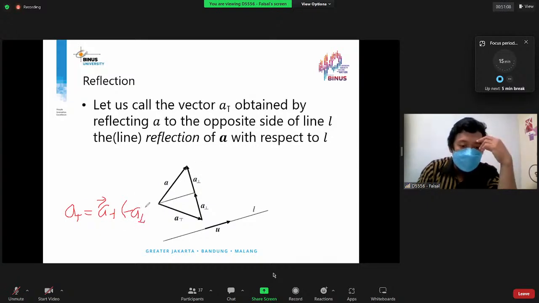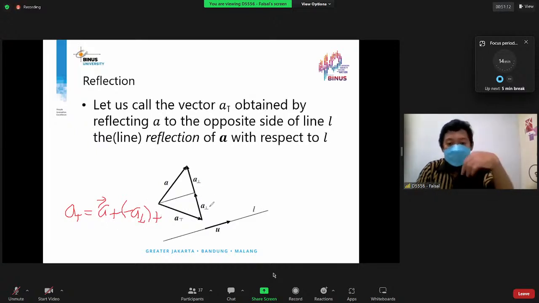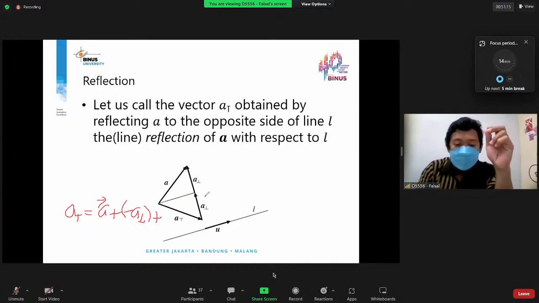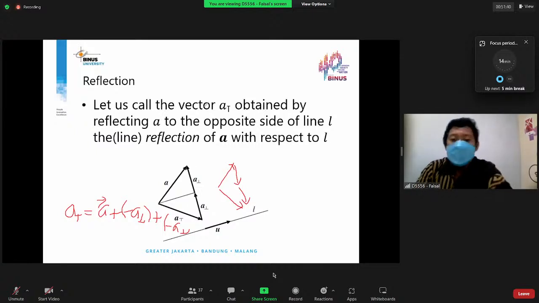And plus again the opposite of the rejection. You can see A, the opposite of the rejection, and the opposite of the rejection. If we sum these three vectors, we get the reflection.